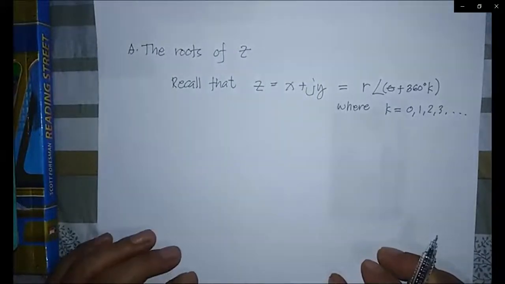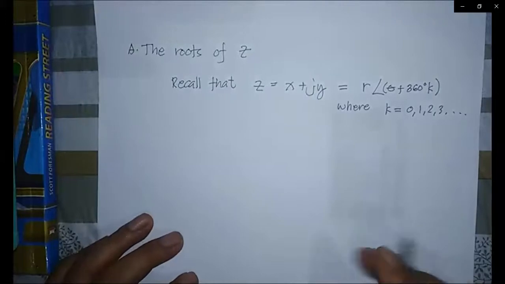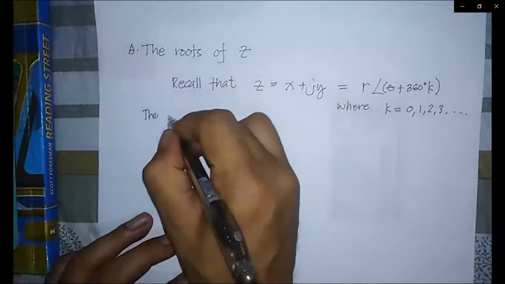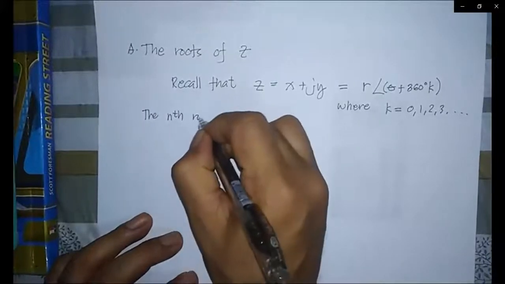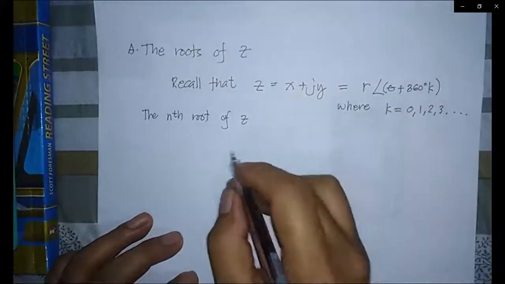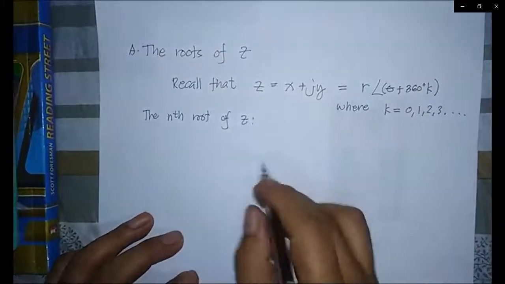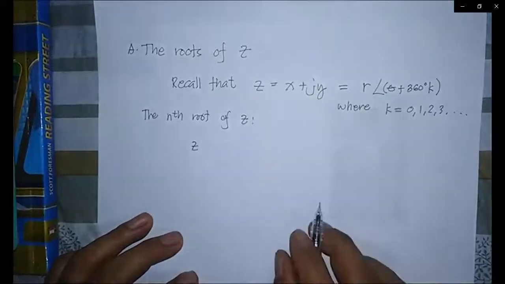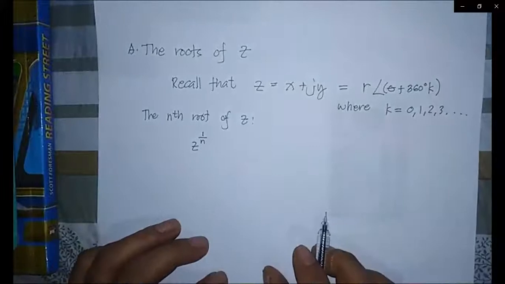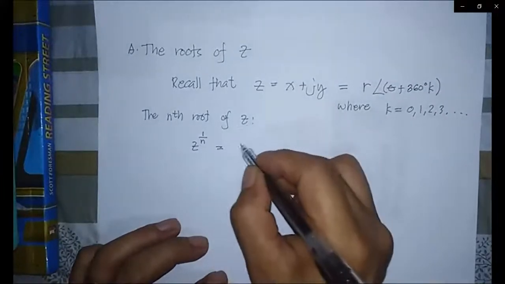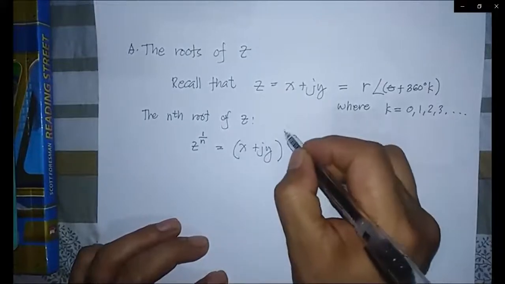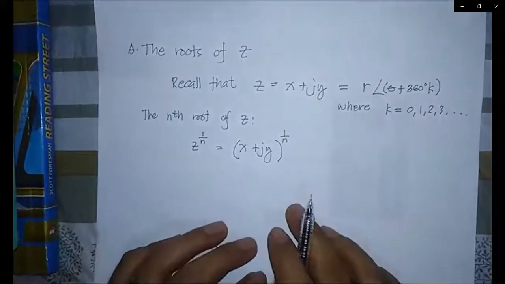Now, let's find the nth root of the complex number Z. The nth root of the complex number Z can be written as Z to the power of 1 over n, which is also equal to x plus jy, all raised to the power of 1 over n.